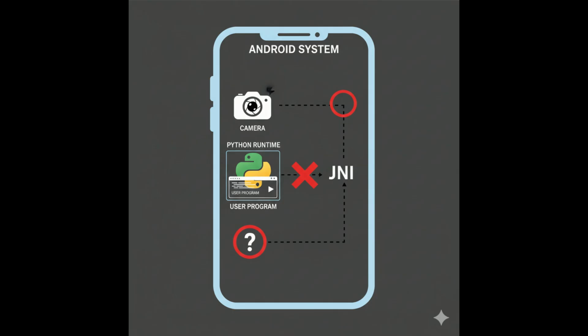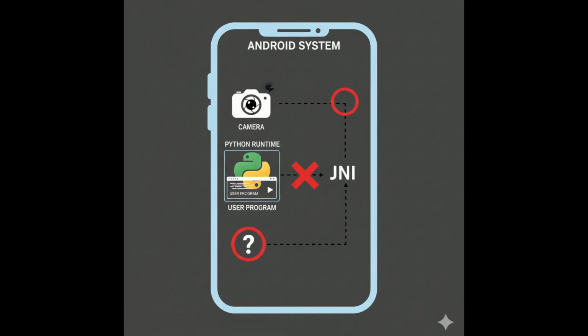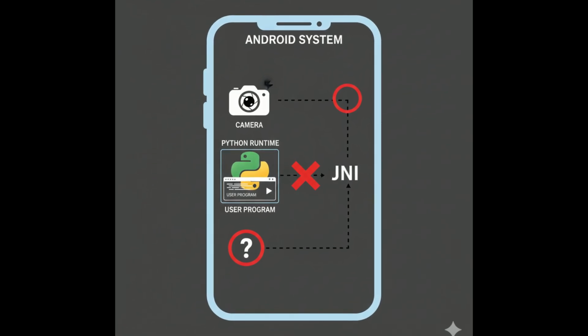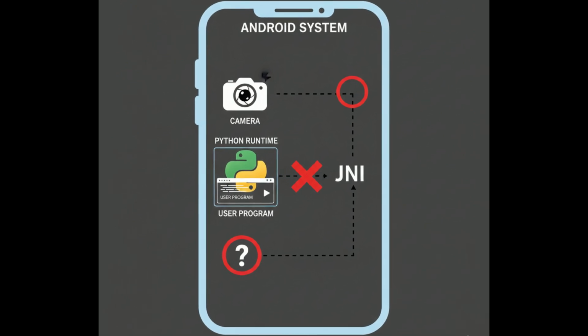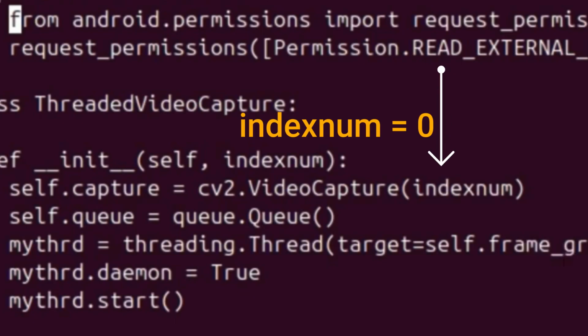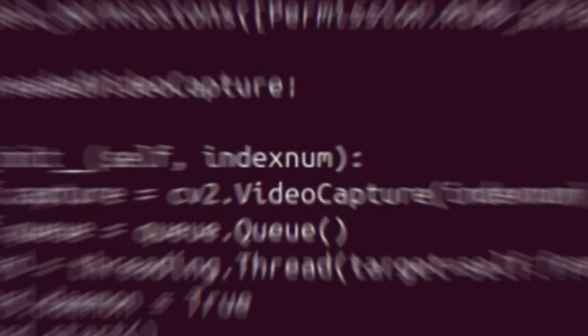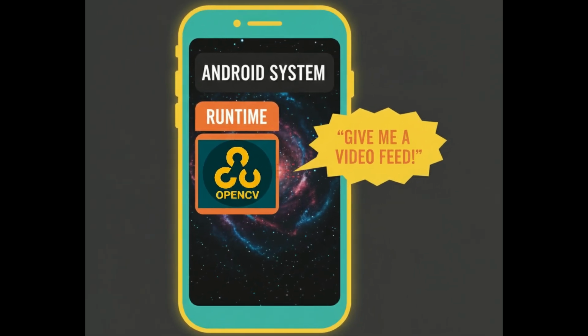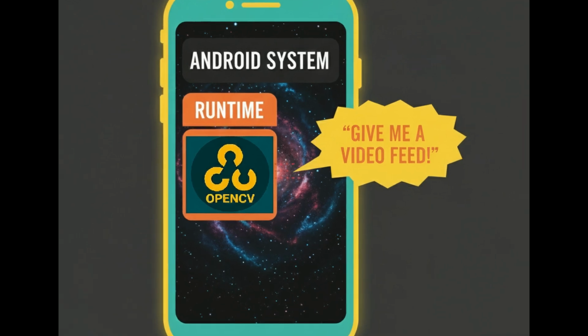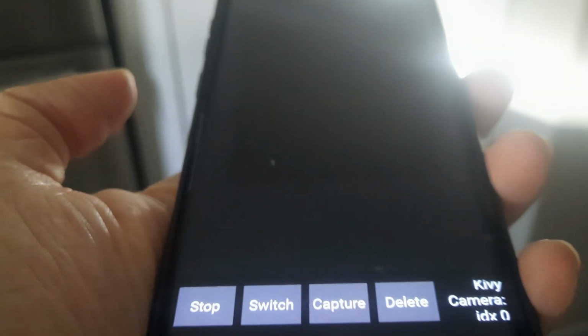It runs your code inside an embedded Python runtime without a direct JNI bridge to Android's camera stack. So when OpenCV asks for device index 0, it's basically shouting into the void. There is no capture device registered to the backend. That's why you see no error, just a blank feed.